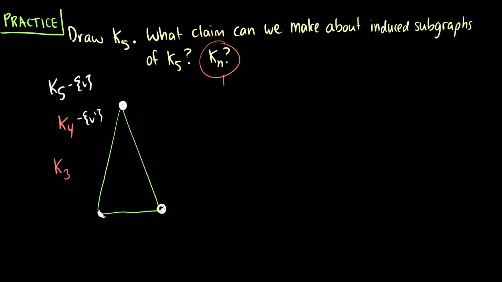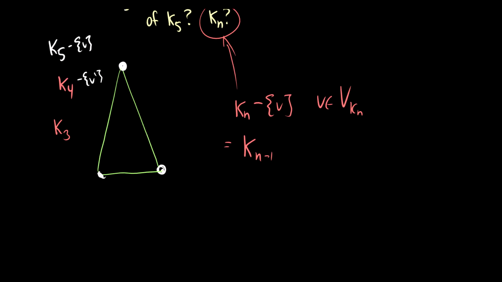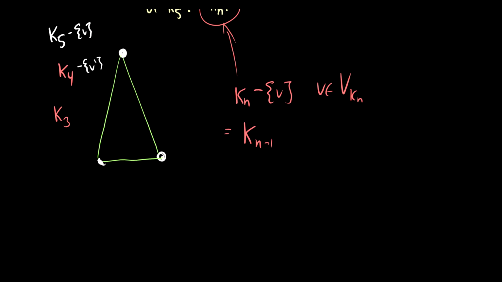So what happens when we have Kn and we remove a vertex? Well, if we take Kn minus some random vertex V in the vertex set of Kn, then this is just equal to Kn minus 1. And we can keep going and going until we get back to K1. So, it's kind of interesting. Let's take a look at the number of edges in Kn.